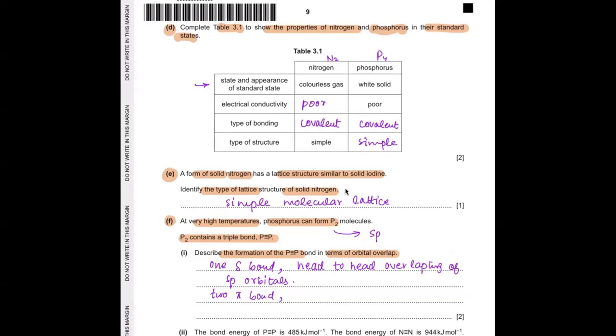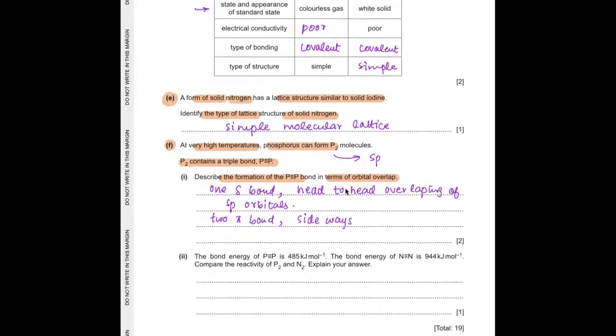Two pi bonds are always formed by the sideways overlapping of the p orbitals, or you can write parallel overlapping. So sideways overlapping of p orbitals which are unhybridised.